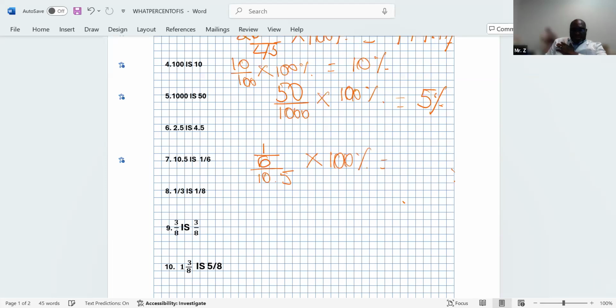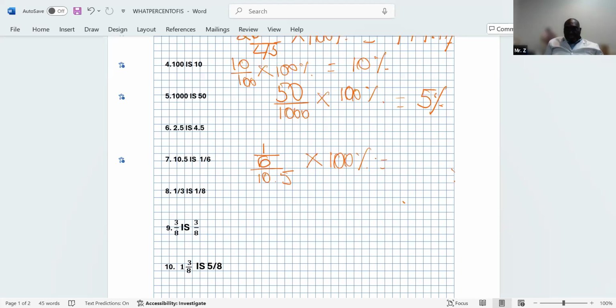Dear friend, you can as well just go ahead and do 1 divided by 6, because that is your y. Okay, and then you go ahead and divide that again by x, by 10.5, and then multiply that by 100%.